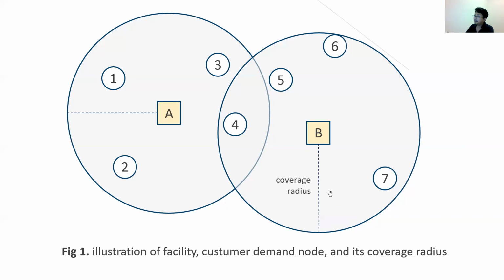Perhaps it can be a path from 7 to B through one road, or an indirect path. For example, there is no path from 7 to B, so you should go to 6 first and then go to B. But most often the covering is represented by the shortest distance. So if the shortest distance is an indirect path, that is the one compared to the coverage radius to determine whether it's in coverage or not.